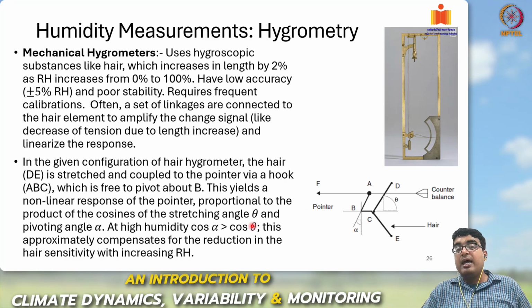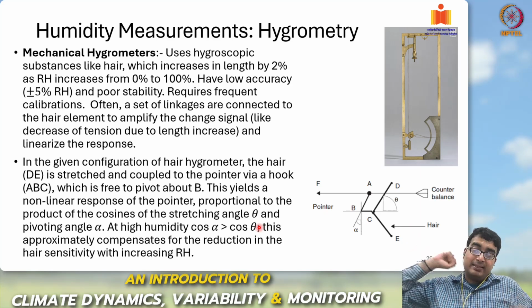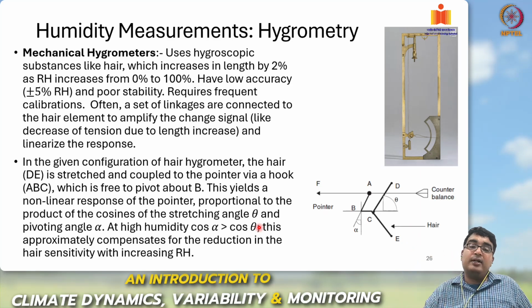At high humidities, cos alpha is greater than cos theta. High humidity, length is bigger and you get cos alpha greater than cos theta. This approximately compensates for the reduction in the hair sensitivity with increasing RH.